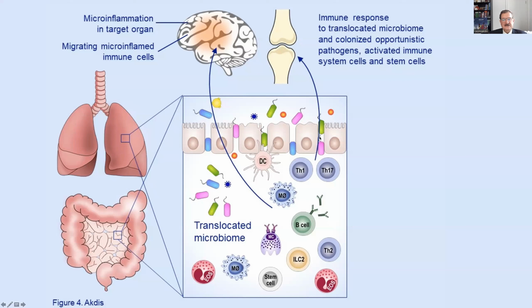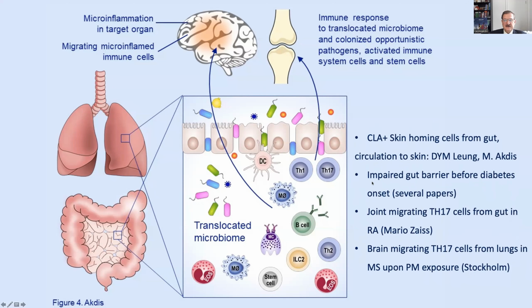we see that the epithelial cells are not touching each other, and the microbes are passing through the epithelium, and the cells are activated. We now have clear evidence that T helper 1 cells coming from the lung and going to the brain can cause multiple sclerosis, and T helper 17 cells and T helper 1 cells can go to the joint and cause rheumatoid arthritis.